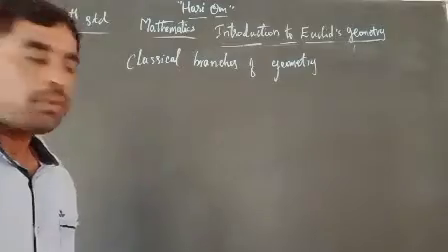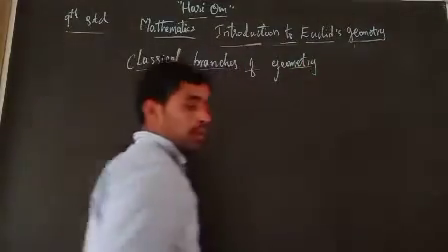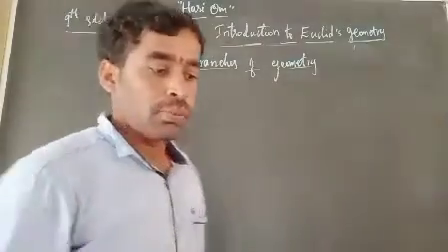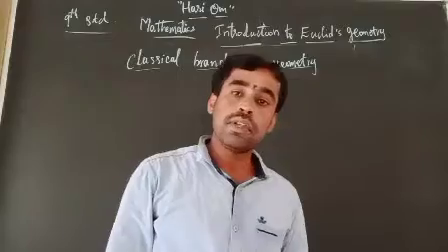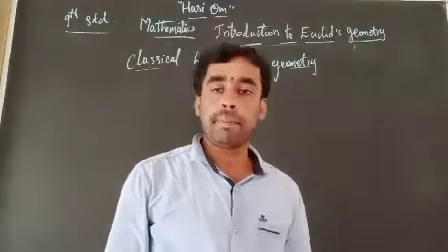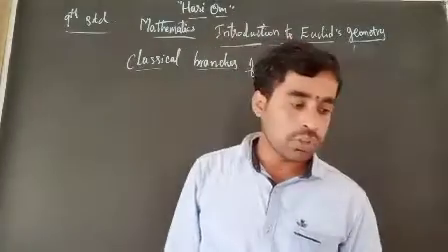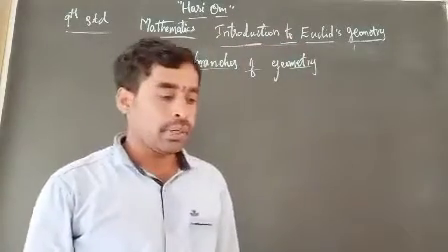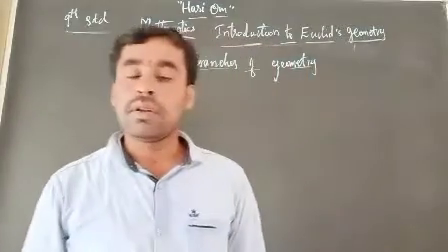Dear students, now we are going to discuss the classical branches of geometry. It is not in your textbook, but you have to know about it. The classical branches of geometry are: the first one is Euclidean geometry, the second is non-Euclidean geometry, then algebraic geometry, differential geometry, projective geometry, and also Riemannian geometry.